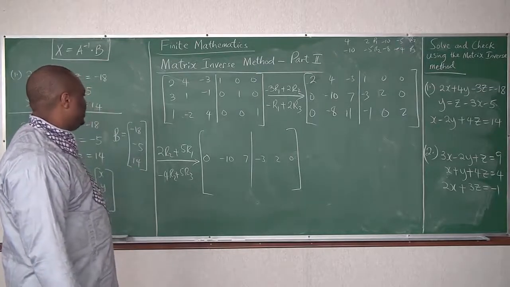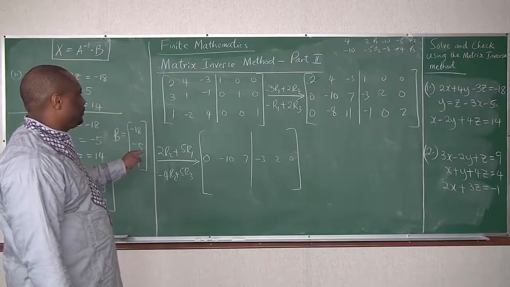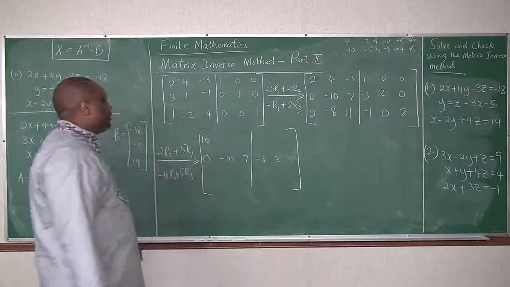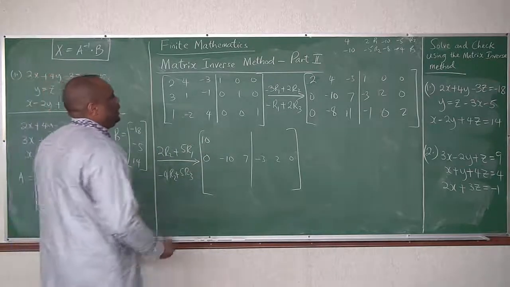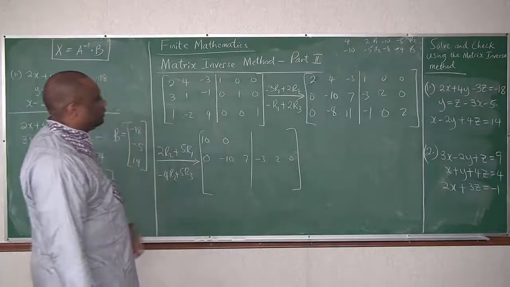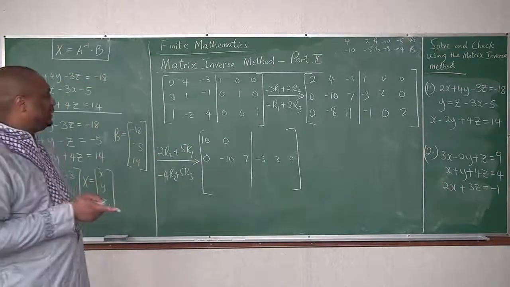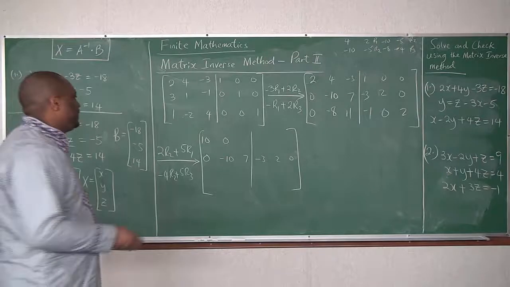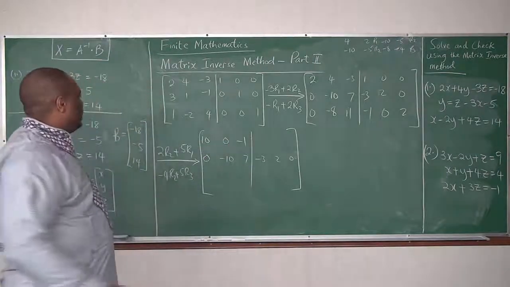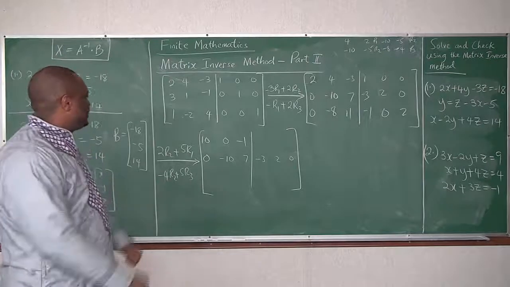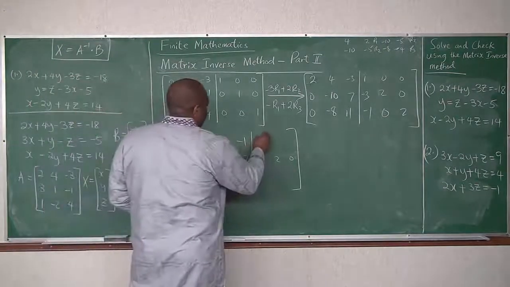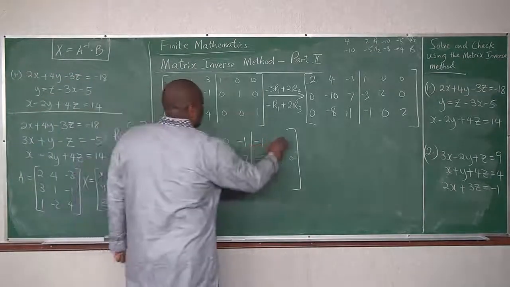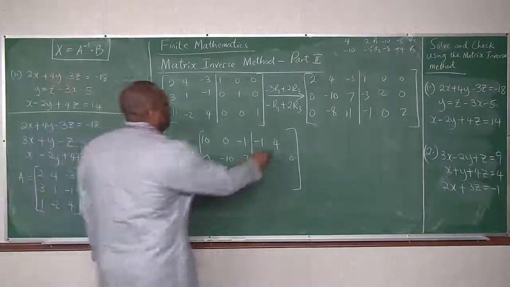Then 2 times 0 is 0 plus 5 times 2 is 10. 2 times negative 10, negative 20 plus 20 is 0. 2 times 7 is 14. 14 plus 5 times 3, minus 15. 14 minus 15 is minus 1. 2 times negative 3 is negative 6 plus 5 is negative 1. 2 times 2 is 4. 4 plus 0 is 4. 2 times 0, 0 is 0.